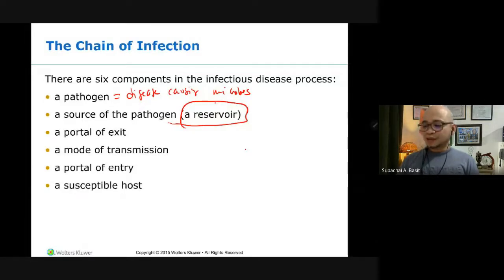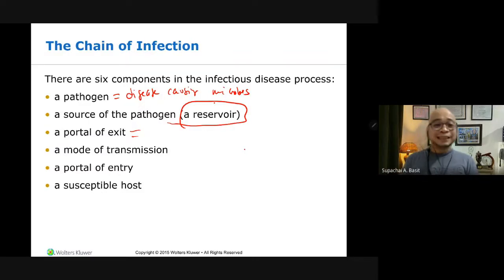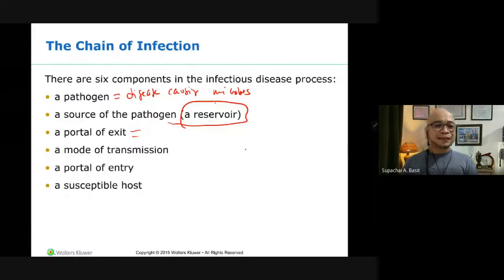When you say portal of exit, how do you think the pathogens will get out of our body? For example, in cases of COVID-19, it gets out of the body every time we talk, every time we sneeze. Then the mode of transmission. Again, let me give you COVID-19 as our example. Respiratory droplets would be the mode of transmission of COVID-19. And then the portal of entry, where the infectious disease will enter our body.